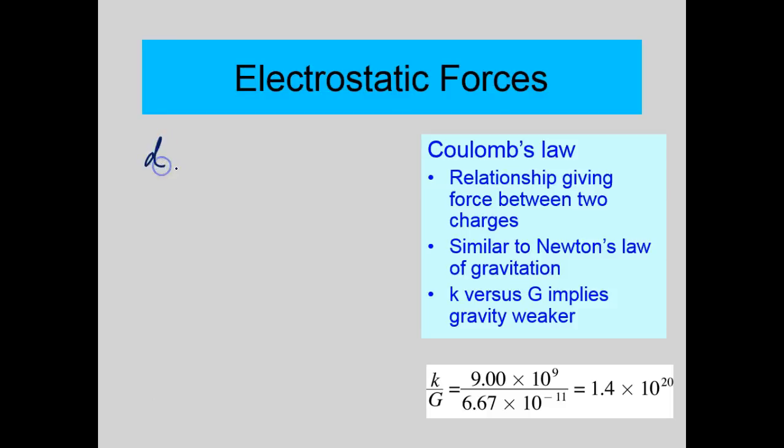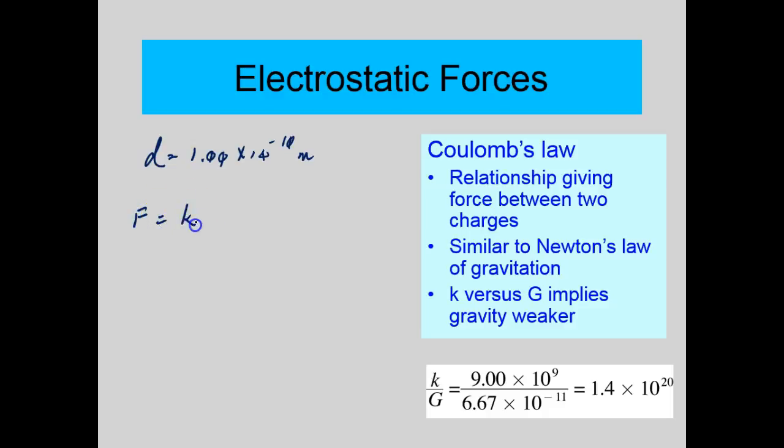So this is our D in those formulas that we had. D is equal to 1.00 times 10 to the minus 10 meters. Okay. What is the force of electrical attraction between the electron and the proton? So we're looking for the force.